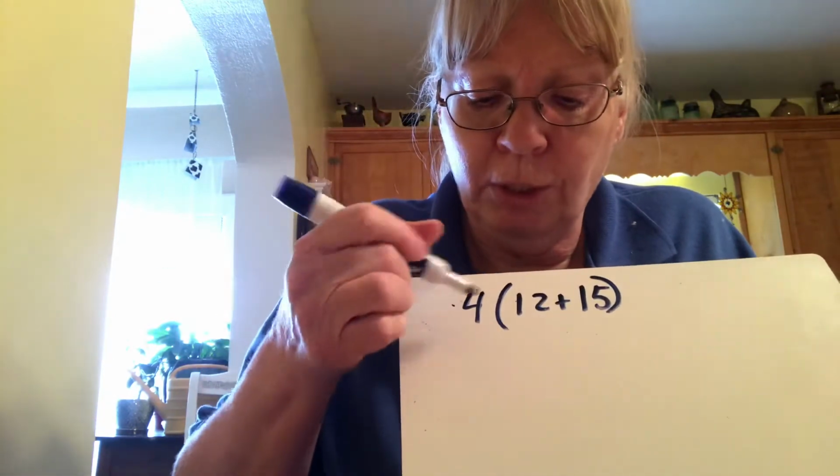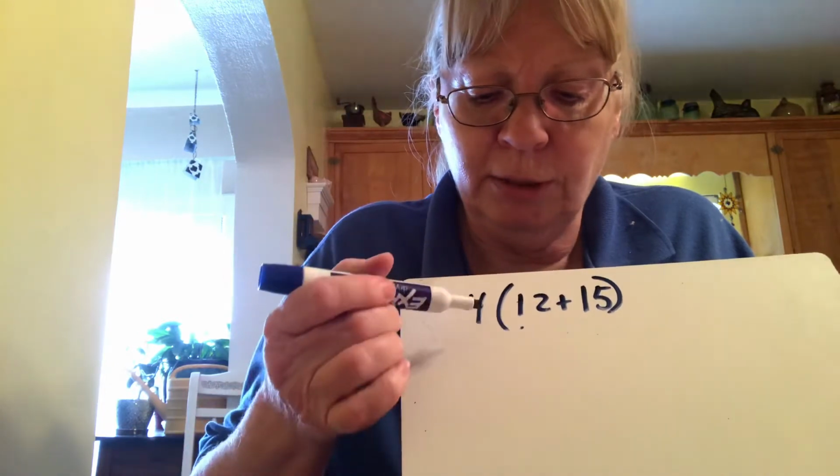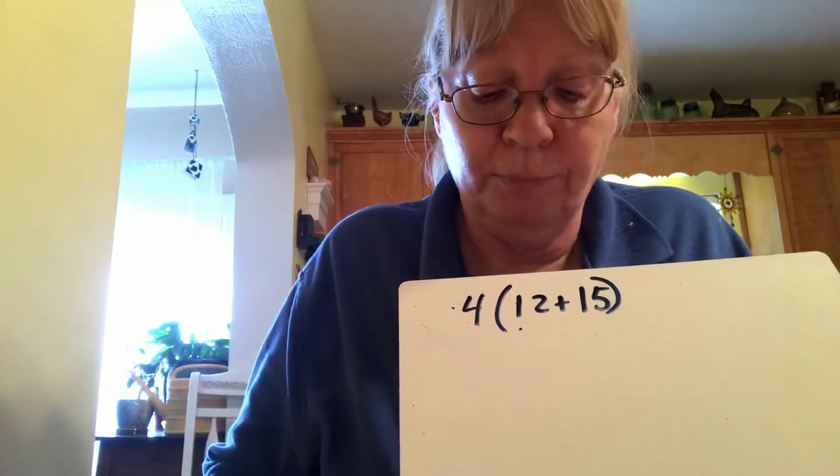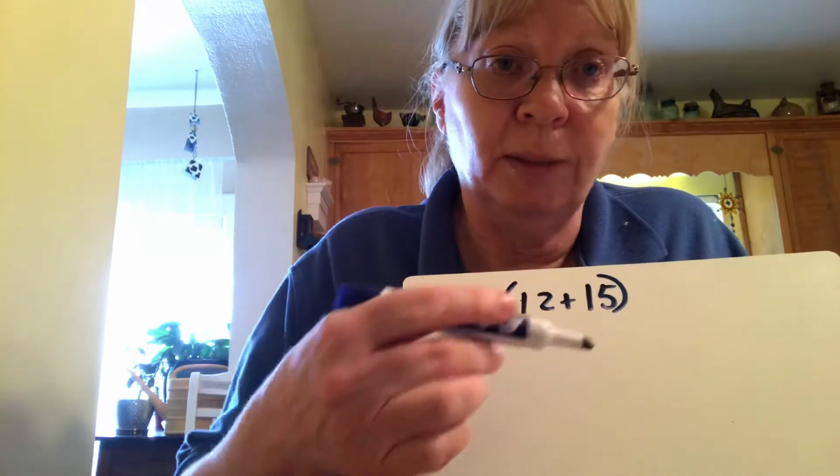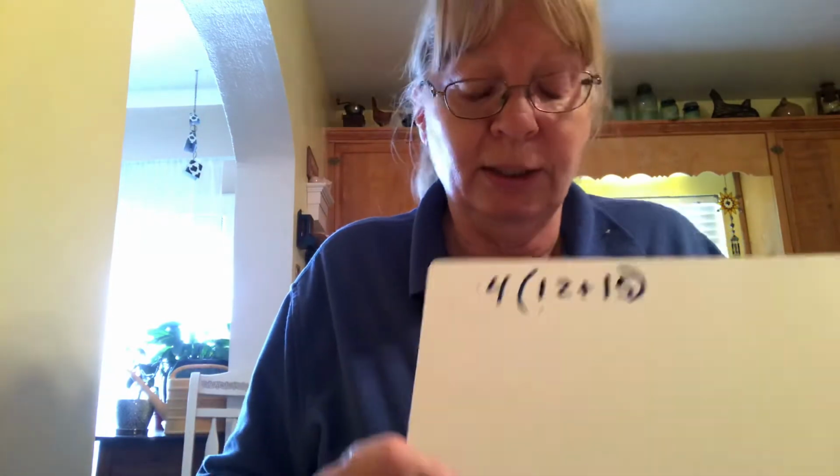We can go 4 times this number plus 4 times that number. Okay? The 4 being next to the parentheses means you're going to multiply it with the things in the parentheses. So that equals 4 times 12 plus 4 times 15.